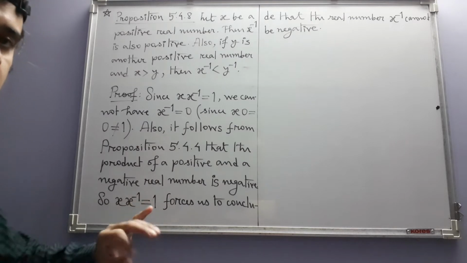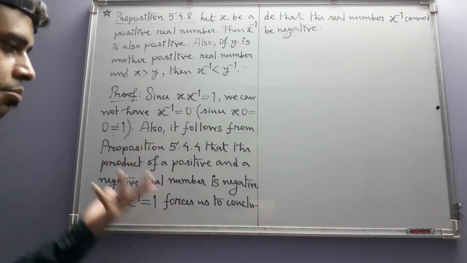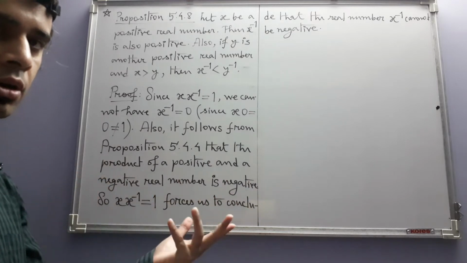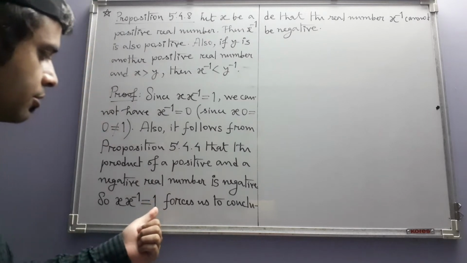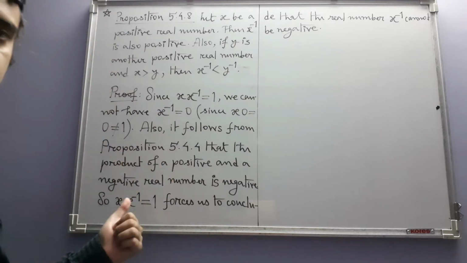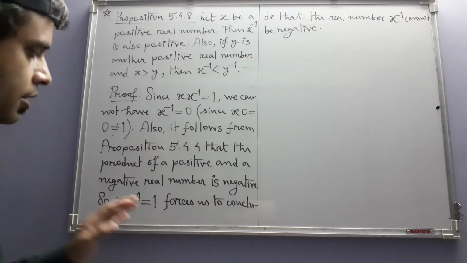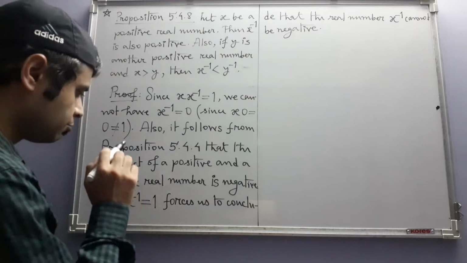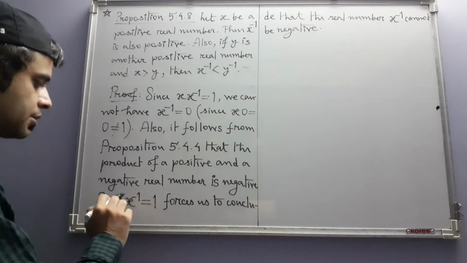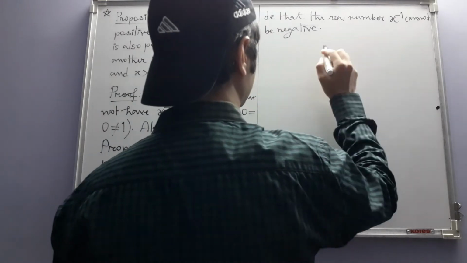However, 1 we already know is a rational number, and hence by the embedding of the rationals into the reals, a real number also, and we know this is positive, so it is not a negative real number. Okay, so that is contradicted if we forcefully suppose x inverse to be negative. So it cannot be negative.